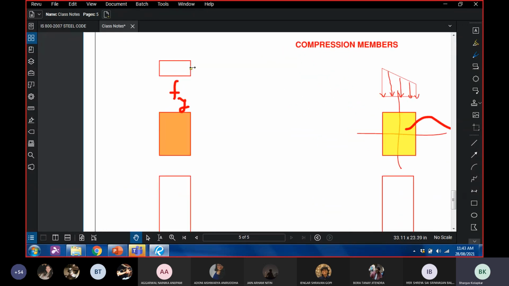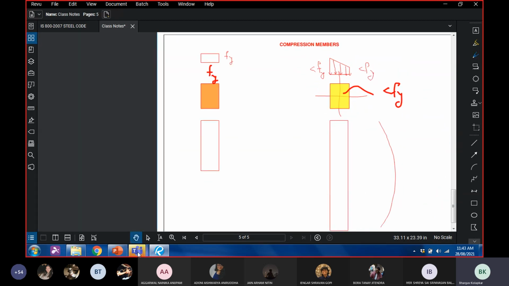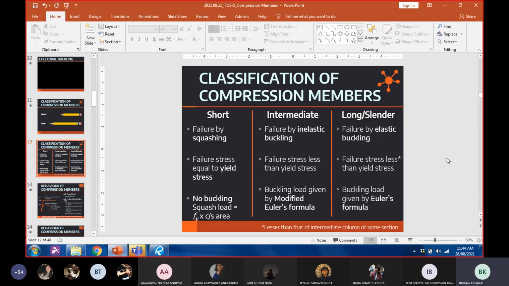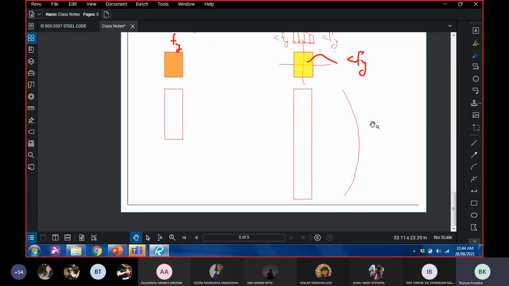This stress is yield stress, this stress here is less than yield stress, and even this stress is less than yield stress. So he rightly said that if you remove that load, this buckle shape might go back to the original shape because it is still elastic.